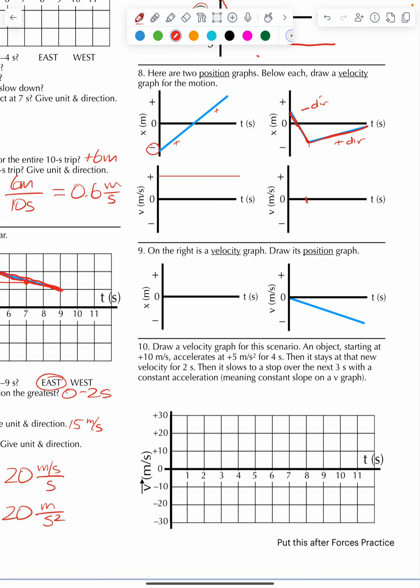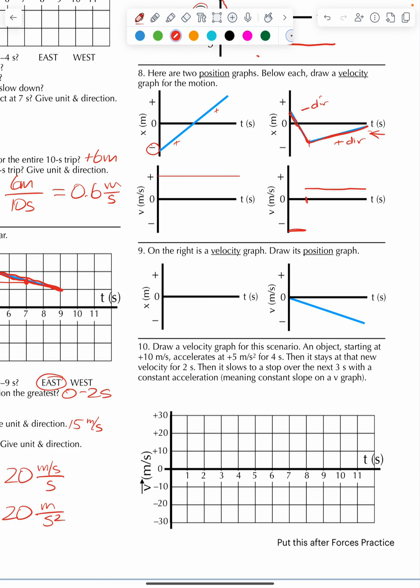Okay, so first let's tackle negative direction, constant speed, pretty fast. Maybe this, right? That's a constant velocity because it's horizontal. It's the negative direction, and that's pretty fast. We're far away from the zero. But then suddenly, over here, we're going to be going in the positive direction, but slower. But it's a constant velocity because that position graph was a constant slope. But how do you connect them?